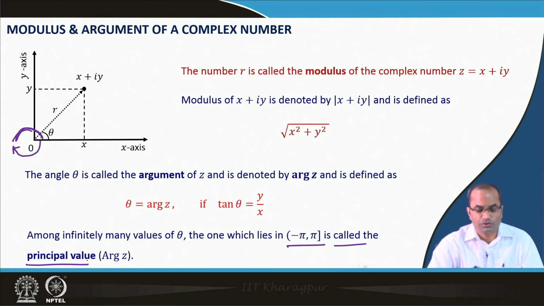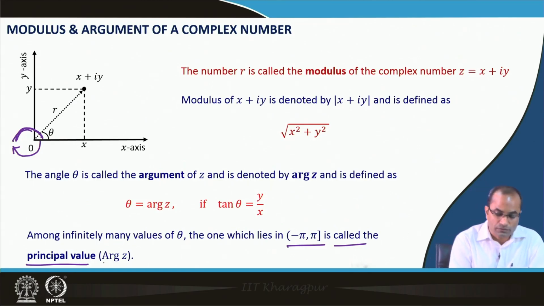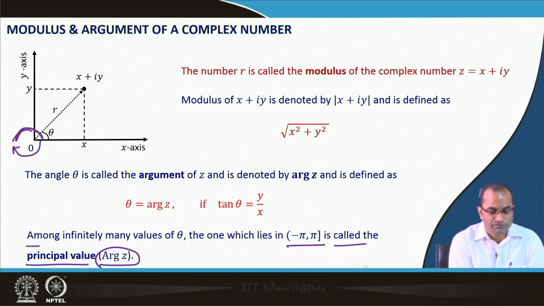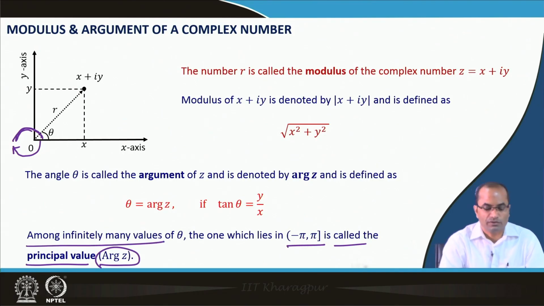This theta, which is between minus pi to pi, is called the principal value of the argument, which is usually denoted by capital Arg z. This is what we call the principal value among infinitely many values of theta, because as we discussed, we can add 2 pi, we can add 4 pi, and again we are back to the same angle.